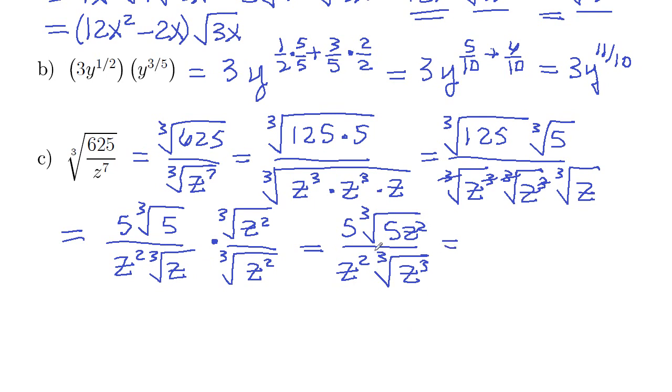And then, again, the cube and the cube root cancel each other out. They're inverses. Z is left. So I got 2 z's, 1 more z. That's z cubed in the denominator. So this will be 5 times the cube root of 5z squared all over z cubed. And that one's finally simplified.